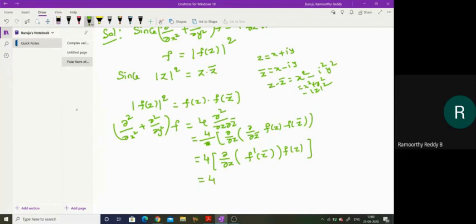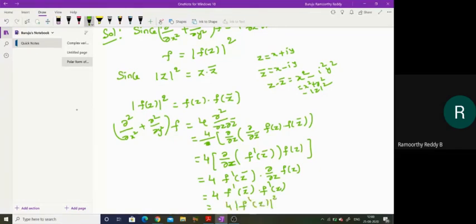Now with respect to z, its conjugate is constant, so f dash of z conjugate into ∂/∂z of f(z), which is f dash of z. So it is f dash of z into its conjugate, so we can write 4 into modulus of f dash of z whole square.